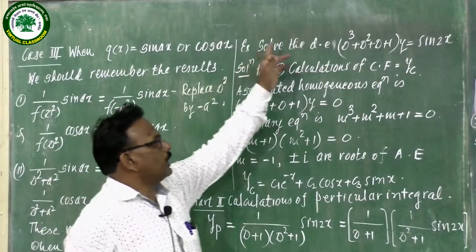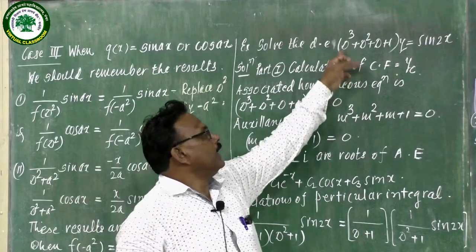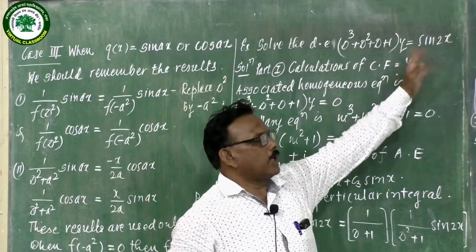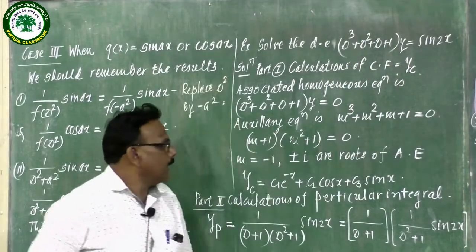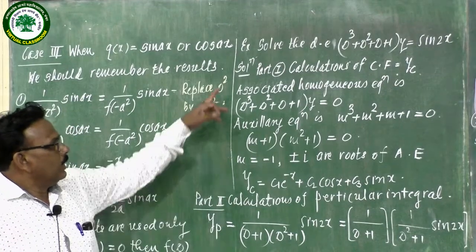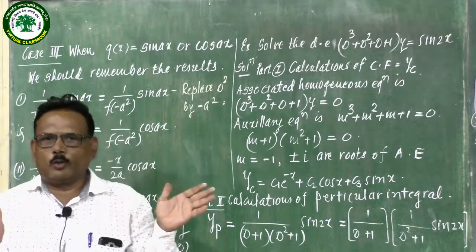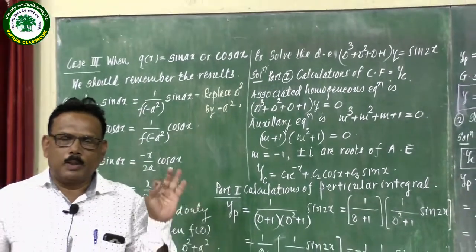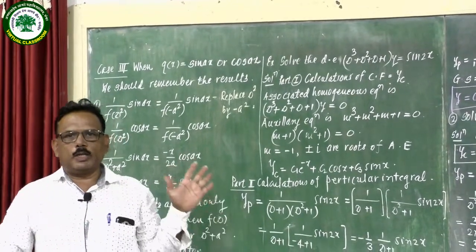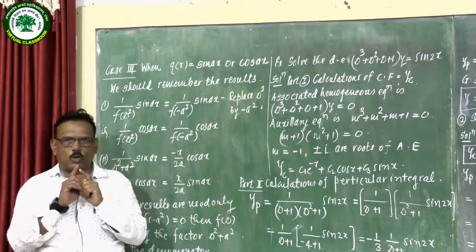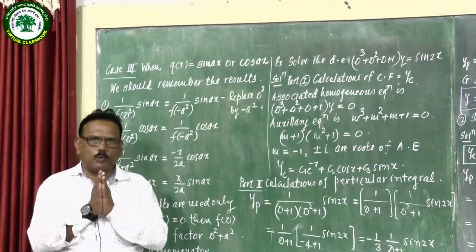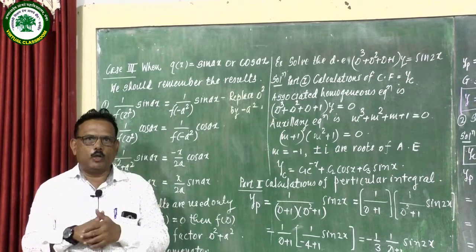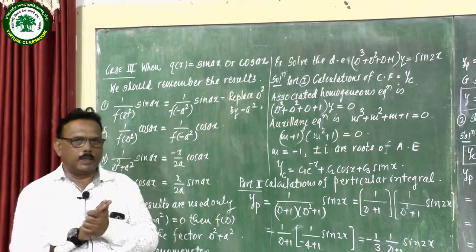Example number 1: solve the differential equation (D cube plus D square plus D plus 1) y is equal to sine of 2x. Here, according to the regular pattern, while you are calculating the general solution of a given non-homogeneous linear differential equation with constant coefficients, you should first calculate the complementary function and secondly the particular integral.